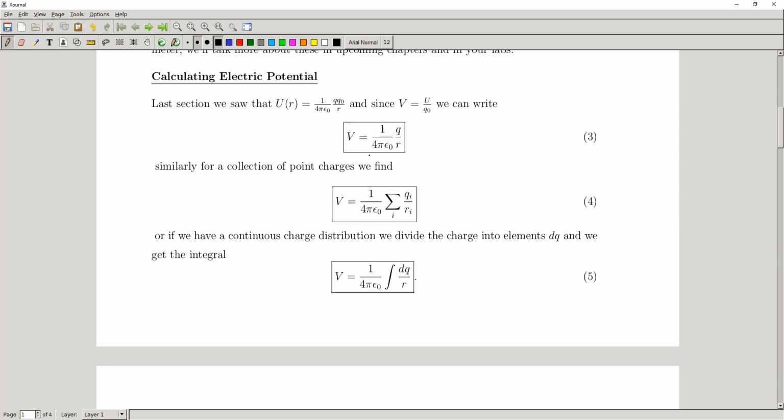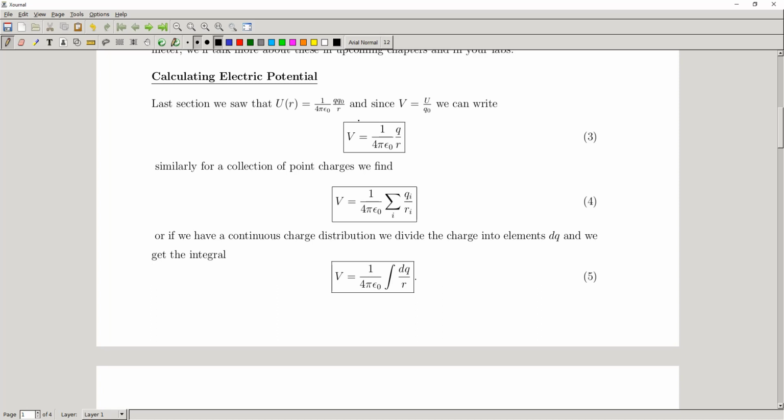Okay, so we have our definition here. This is the definition that we're going to use for our potential. And if we wanted to find the potential of a large collection of point charges, just as we've done several times now, we can invoke the principle of superposition.